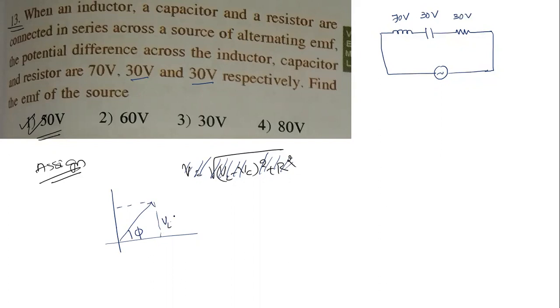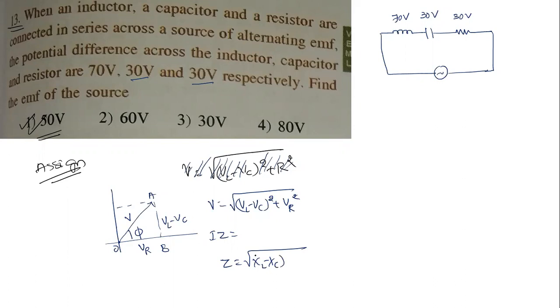This is VL minus VC, this is VR, and this is V. Let me label the points O, A and B. We get V as the square root of (VL minus VC) whole square plus VR square, and simplifying with I into Z, we finally get Z equal to the square root of (XL minus XC) whole square plus R square.